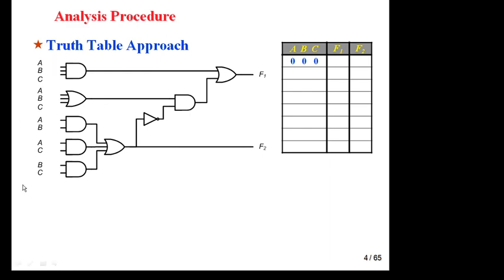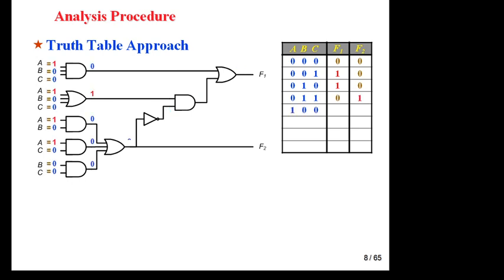These are your inputs. When you give 0 0 0, the value of A, B, C, F1 will be 0 and F2 will be 0. When you give 0 0 1, you can determine F1 is 1 and F2 is 0. Similarly, when you give input 0 1 0, F1 is 1 and F2 is 0. 0 1 1 gives 0 1.